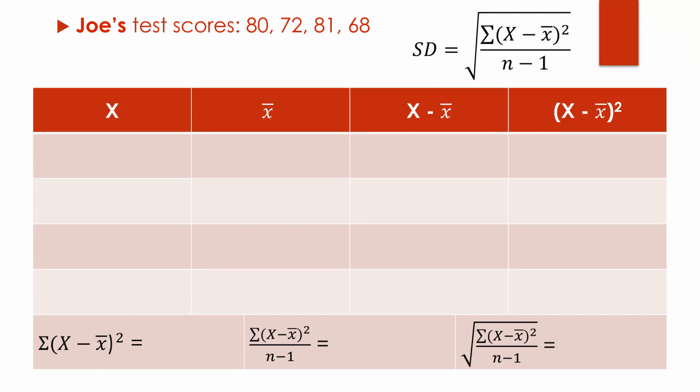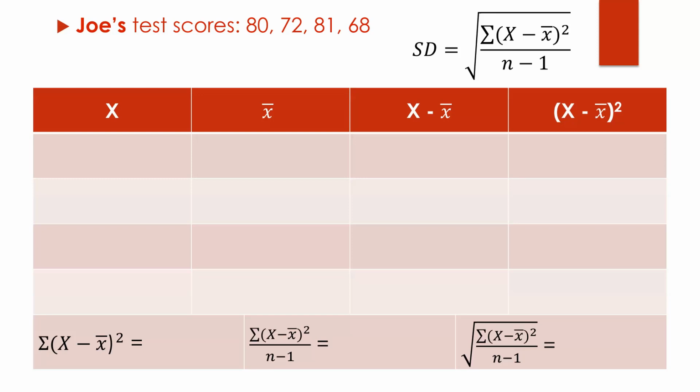Then what you want to do is square this difference here. The reason we square is to get rid of the negative. It just makes things easier to work with. And then remember this symbol, lower capital sigma, means to sum. So we're going to sum all the squared deviation scores together. Then you're going to take that number and put it on top of a fraction.